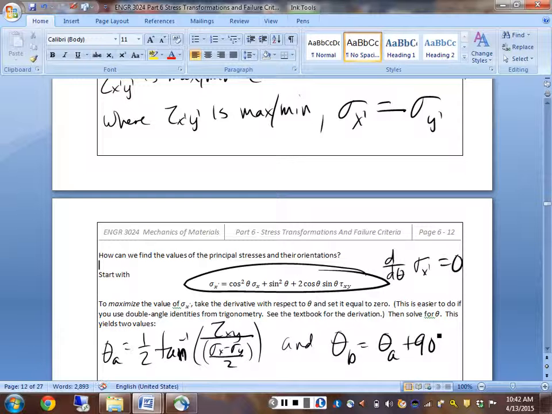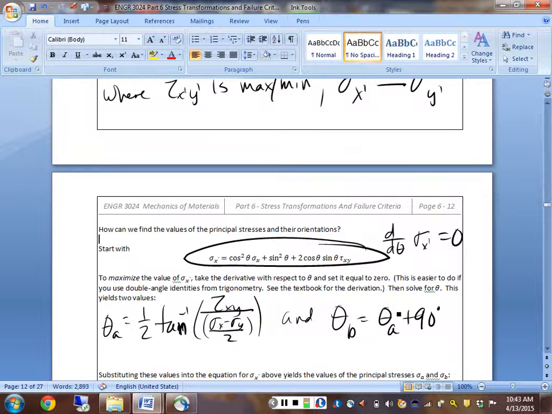Okay? If that's our angle, if that's our theta that maximizes it, what we do to get our max value, we take this and substitute it in here to figure out what our max value of sigma x prime is.